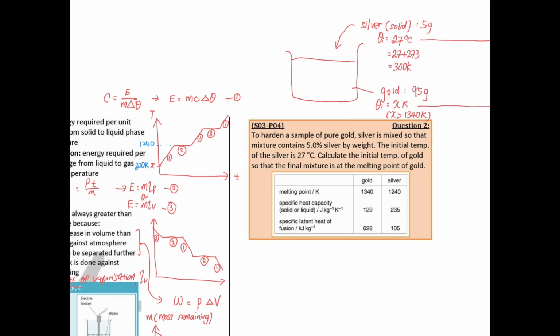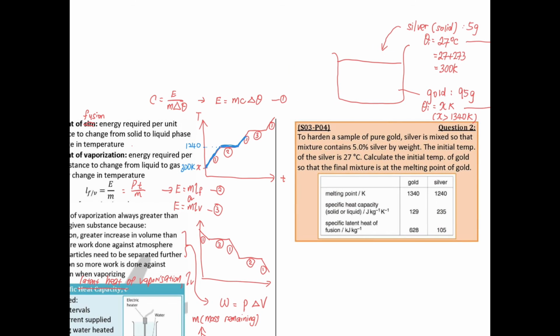Okay, so I just put it in blue. So heat it up, and then melt, and then to 1340. So we expect it hasn't reached the boiling point yet. 1340 is just slightly higher only. So this blue color path is the process that silver goes through.